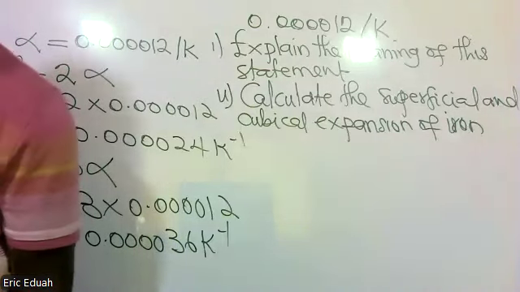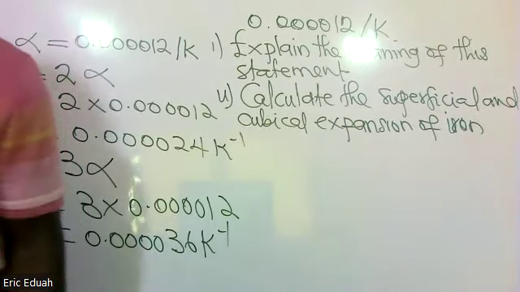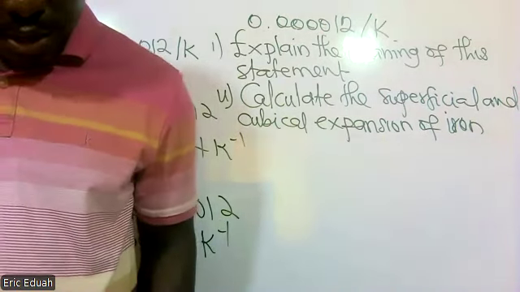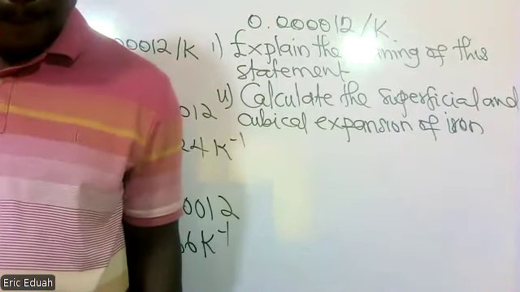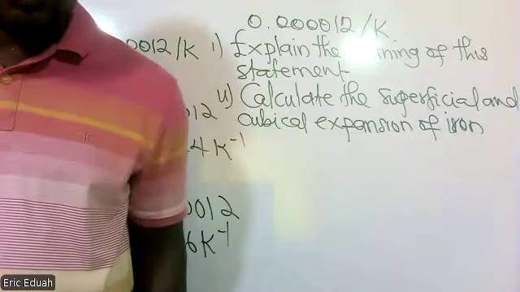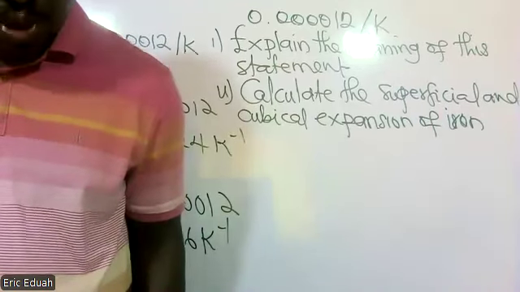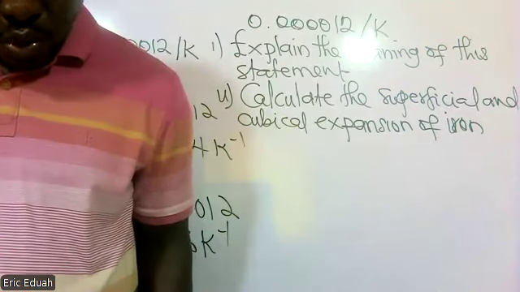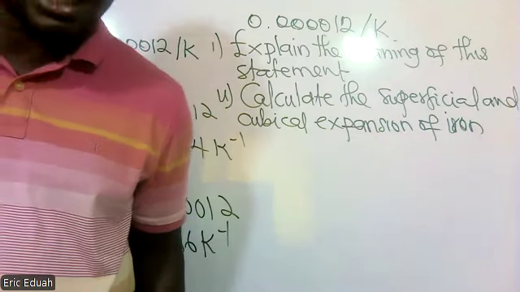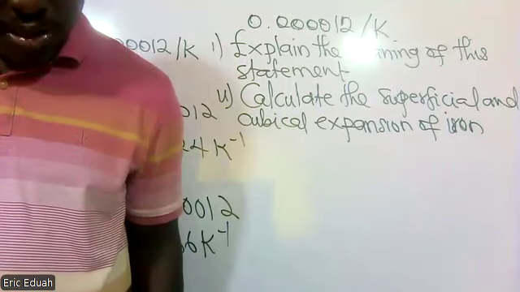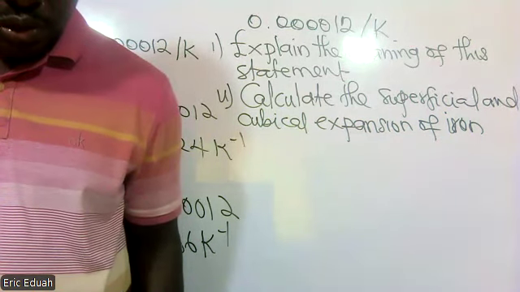Another trial question. A metal rod has a length of 99.4 centimeter at 200 degrees Celsius.